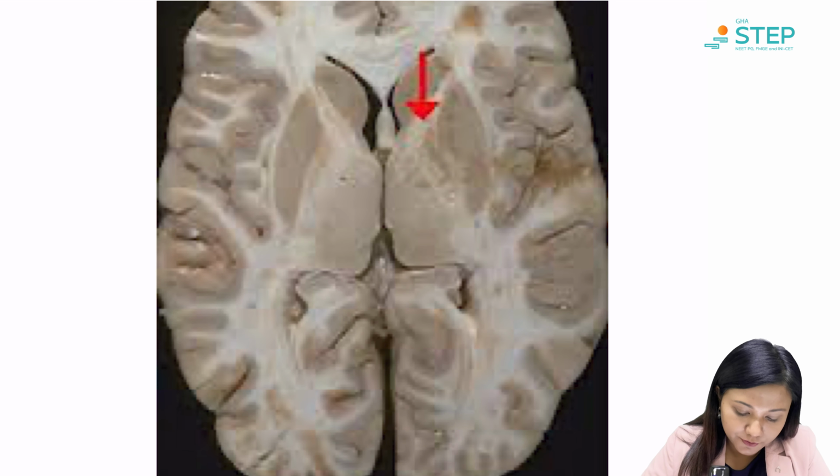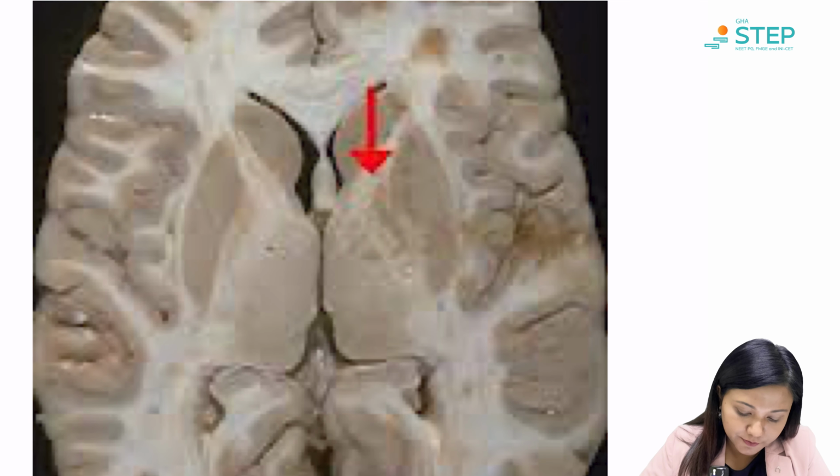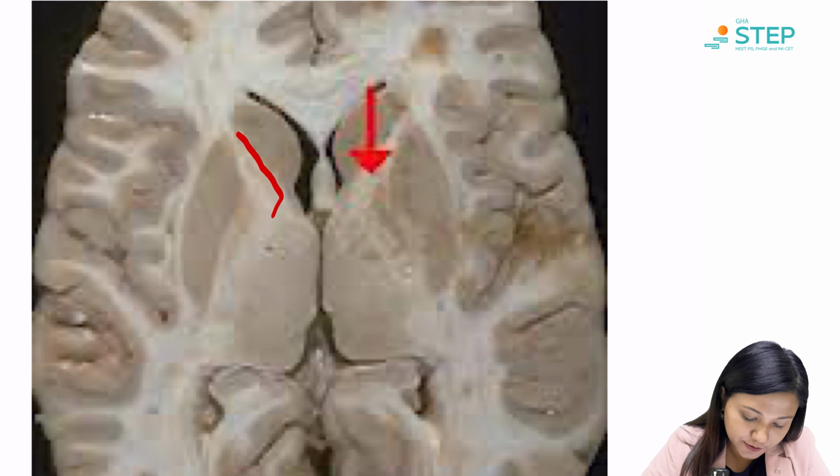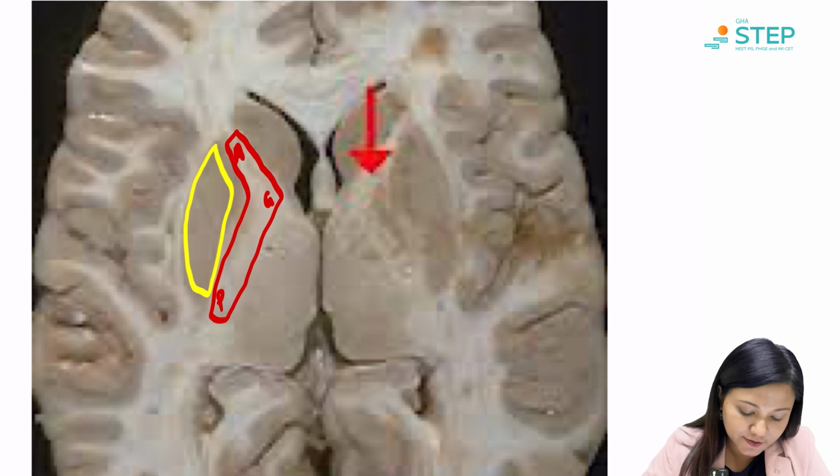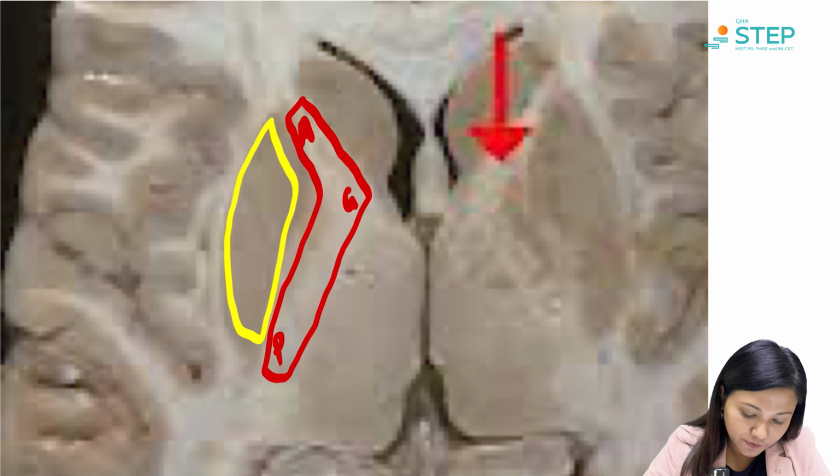So if you see this image again, this white matter, it is the internal capsule. Okay, you have the anterior limb, you have the posterior limb and the genu. This is the lentiform nucleus. So you will have the globus pallidus and the putamen. Then you will have another thin layer of gray matter, that is the claustrum.